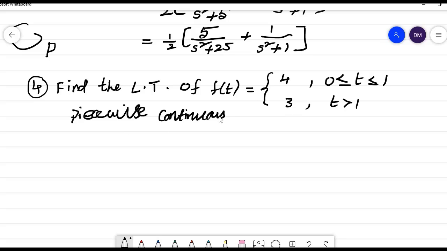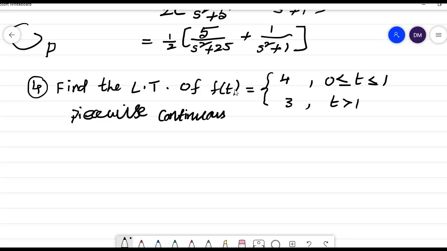So the function is piecewise continuous. We cannot apply the standard formulas of the Laplace transform here. So we have to go for the standard definition of the Laplace transform. By using the standard definition, we can find the Laplace transform of f of t.